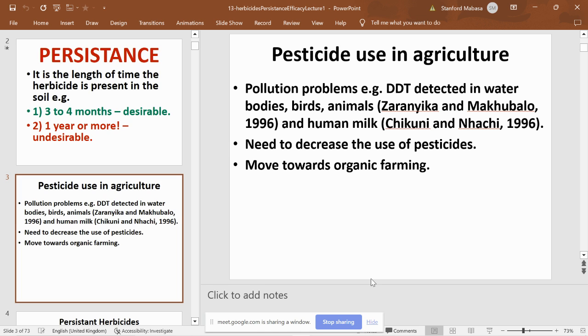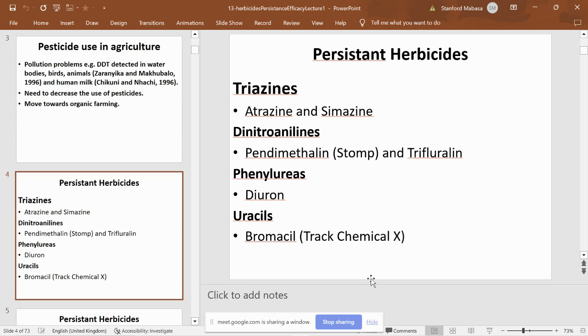Probably you can hear some people now talking about the move towards organic farming. Now, the herbicides with a potential to be persistent in the environment: among the triazines, we have atrazine and simazine, and for atrazine we have some reports in this country.